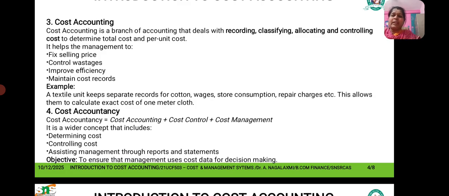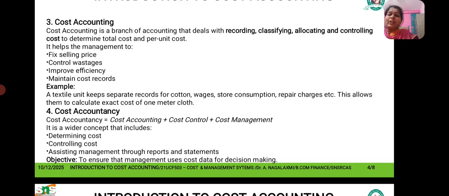So a textile unit has everything separately: how much raw material they are buying, what wages they are paying, how the stores are maintained, how much repair charges are incurred for the machinery. These separate records are helpful for easy calculation of the total cost of the product, as well as to determine the exact cost of 1 meter of cloth. This is what about cost accounting.